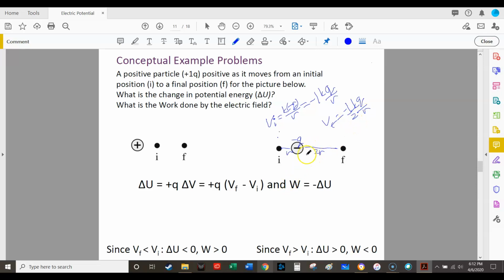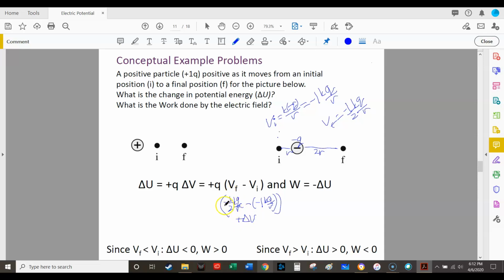So this is an interesting problem in that the final voltage is negative 1/2 KQ divided by R, and the initial voltage is negative 1 KQ divided by R. The final voltage is greater than the initial voltage, which is going to result in a positive change in voltage.